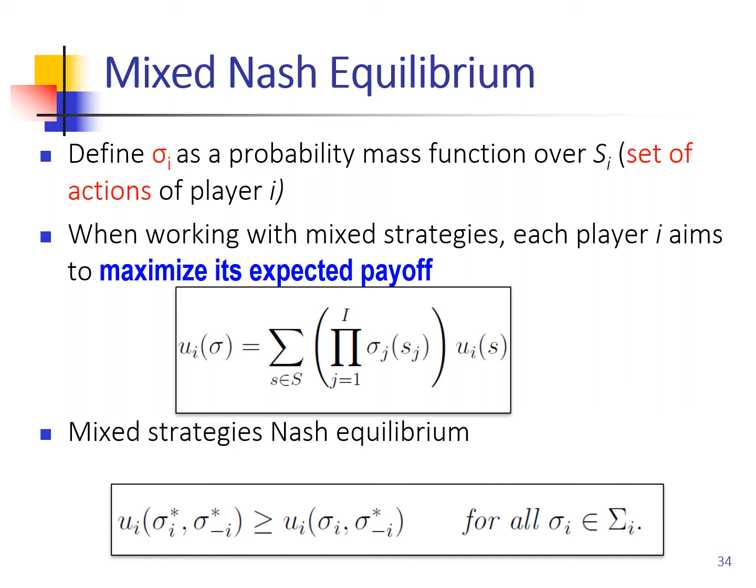And to write it down is very easy. This is the utility u_i of player i. Sigma here refers to the probability distribution that he has, and it is a sum over s, remember, s is a set of actions or strategies. This is the utility of player i when he chooses strategy s, right?